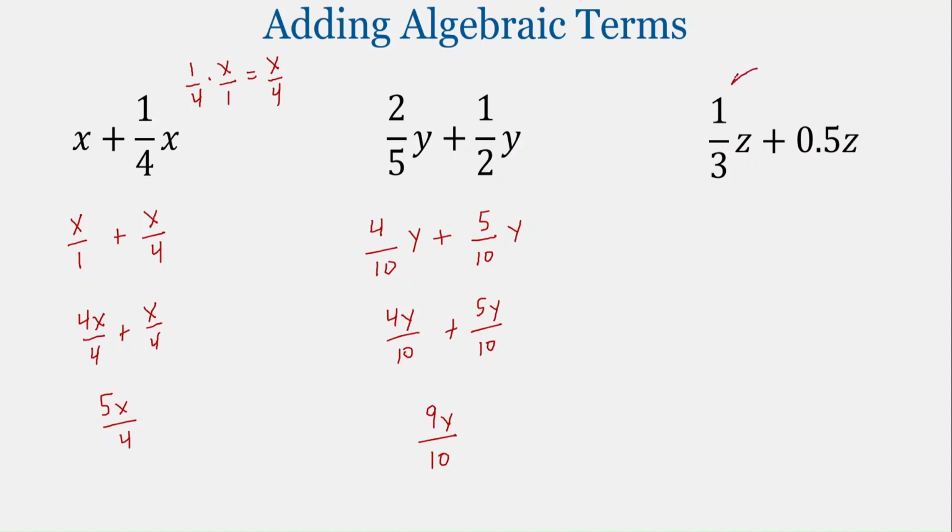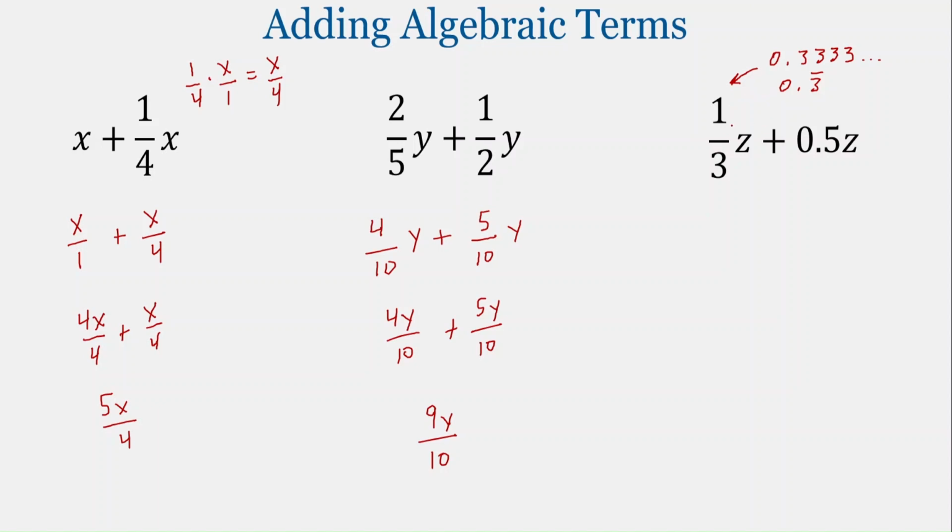To convert 1/3 to a decimal, that's going to be 0.3333, and that 3 is going to continue forever. So it's 0.3 with a bar across the top. So that's difficult to convert to a decimal and to work with conveniently.